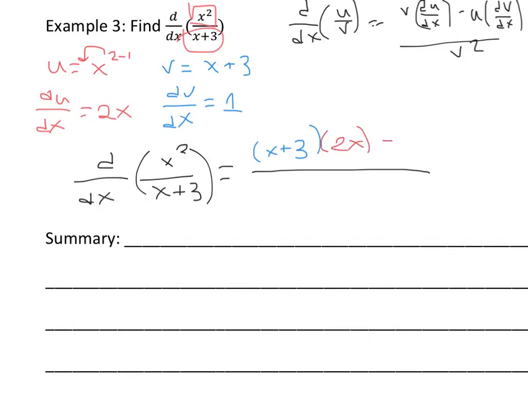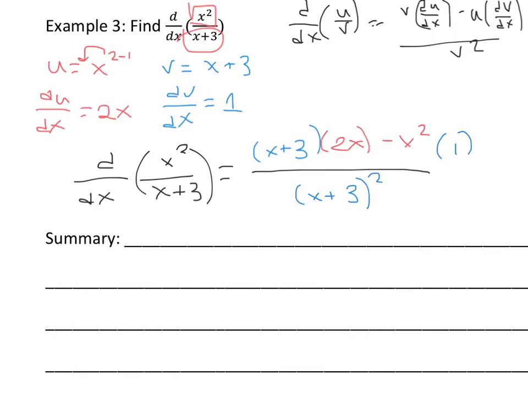I'm going to subtract from that my u function, which in this case is x squared, times the derivative of v, so times 1. And I'm going to put it all over v squared.